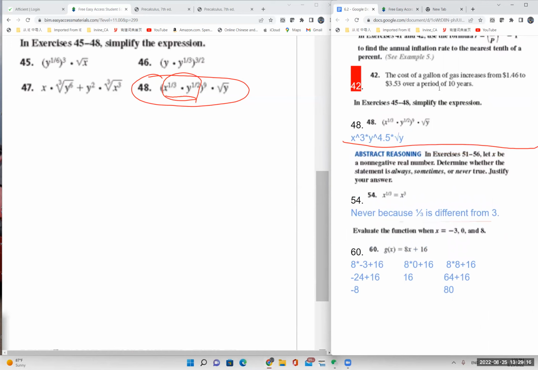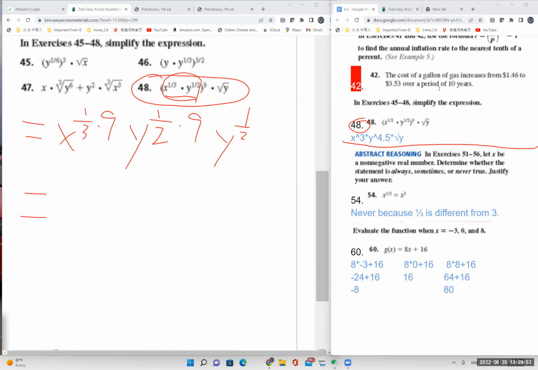Anyway, we are working on problem 48. So we have x to the 1/3 times 9 power, y to the 1/2 times 9 power. Then this we call y square root, right? Written as a rational exponent it is 1/2.